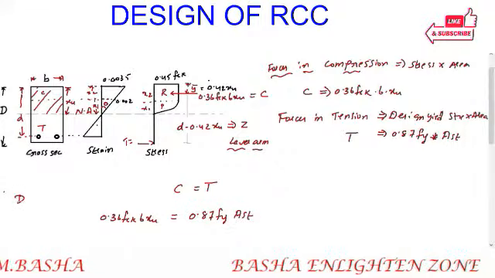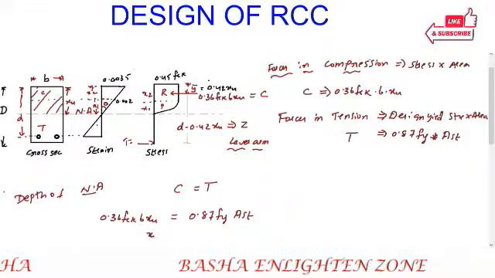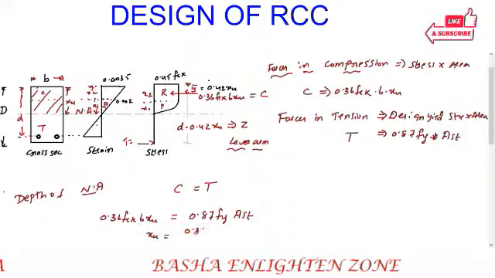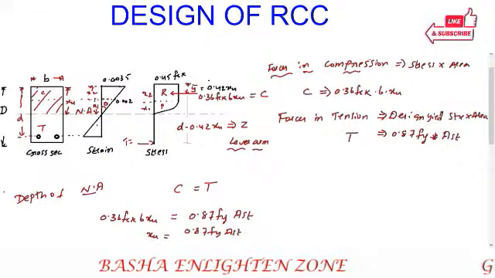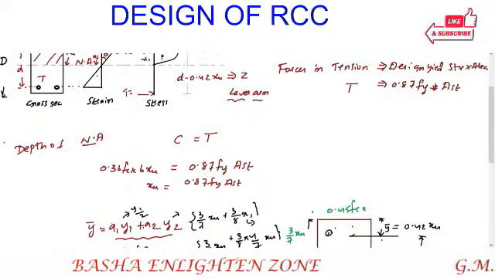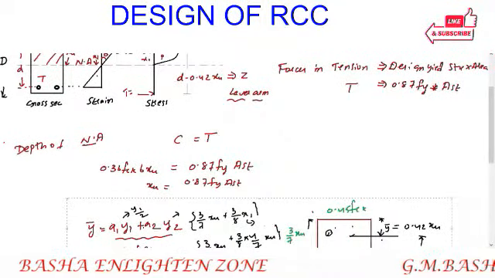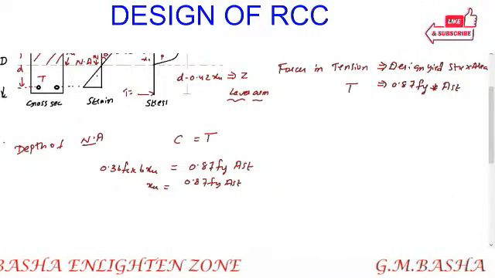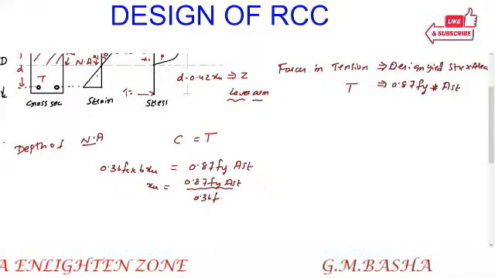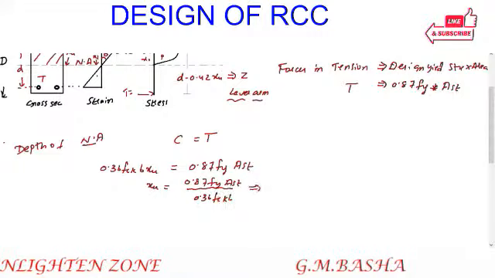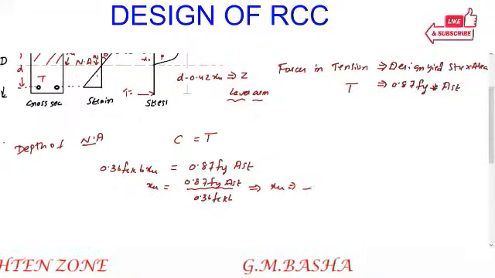If you want the depth of the neutral axis, I take xu outside, and if you simplify, xu equals 0.87 fy into area of the steel divided by 0.36 fck into b. So directly we will get the depth of the neutral axis value. That is the way to find the depth of the neutral axis.